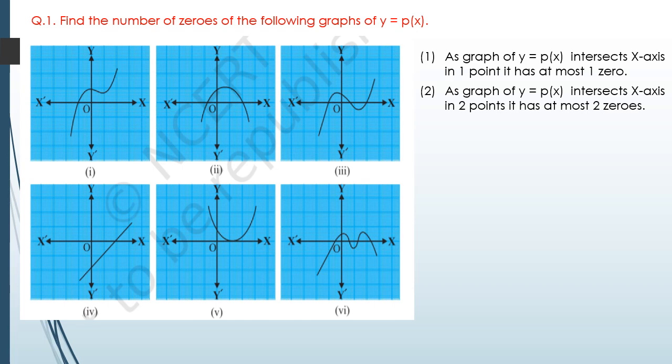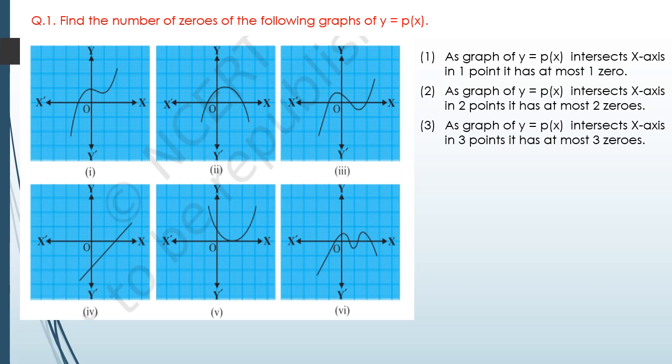The third one: in the third figure, the graph is intersecting the x-axis in three distinct points, so it has at most three zeros. This is the graph of a cubic polynomial, which is almost an inverted S shape. So for the third one, as the graph of y is equal to p of x intersects the x-axis in 3 points, it has at most three zeros.